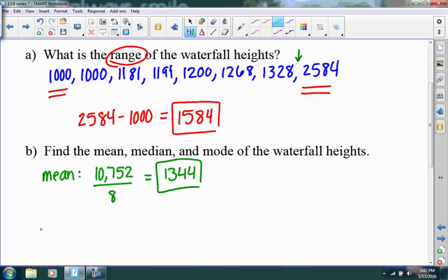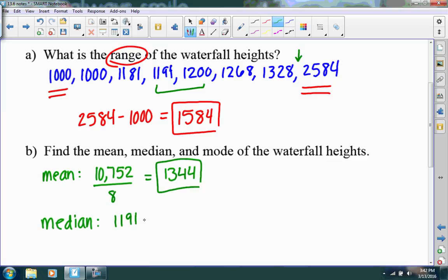The median is going to be the number that's right in the middle. And again, this is why we want all of them to be in order, from smallest to biggest, so that I can find the middle number. If you need to, you can count backwards from both sides. Since I have an even number of numbers, I'm going to have 2 in the middle, so I'm going to have to add them up.